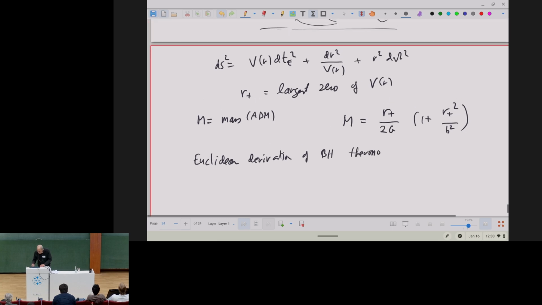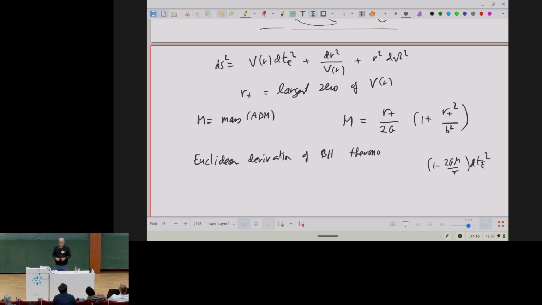Well, you see, V is going to 0 at r plus. And therefore, we're in the same situation we had before. Before, we had (1 - 2GM over r) dTe squared. And that was going to 0 at r equals 2GM, which forced us to eventually interpret Te as a periodic variable and to compare it to polar coordinates. We have the same general idea. V is still going to 0 at r plus.